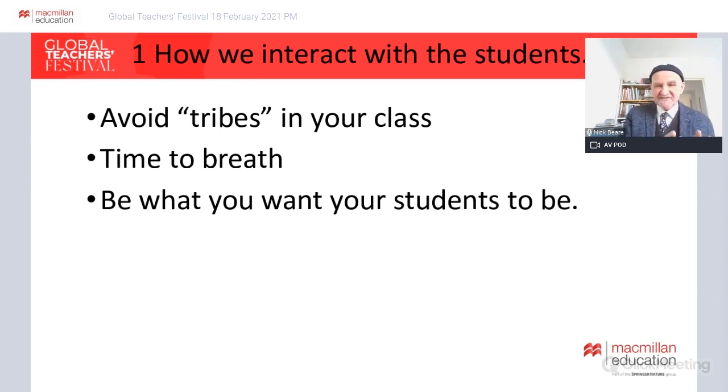It might be just 3 students who are perhaps the sporty ones, and 4 students who are the cool ones, and 3 other students who are the clever ones. And they sometimes keep together in their little tribes, which is okay for them, but it means there's not much contact between the tribes, and there are other people who are not involved in anything. Those are the ones who are feeling completely marginalized. They're just not involved in what's happening in the class because of these little tribes.